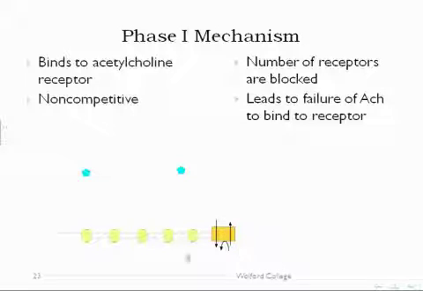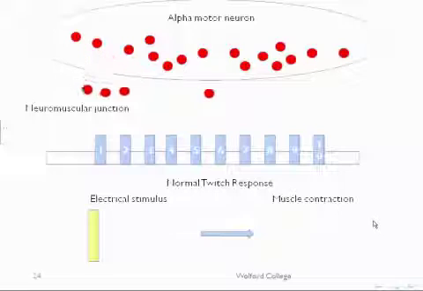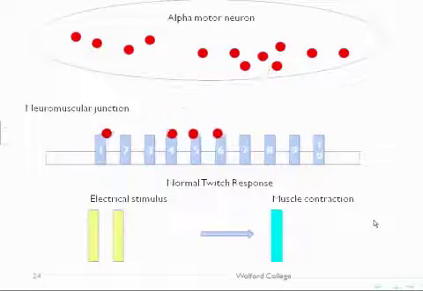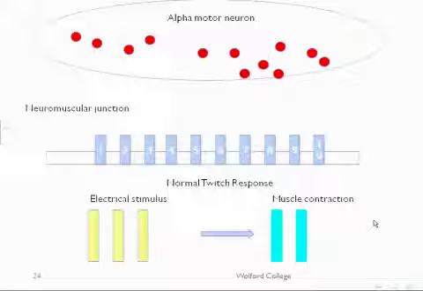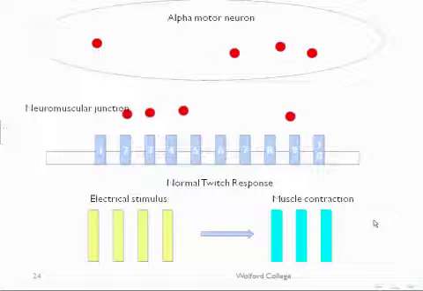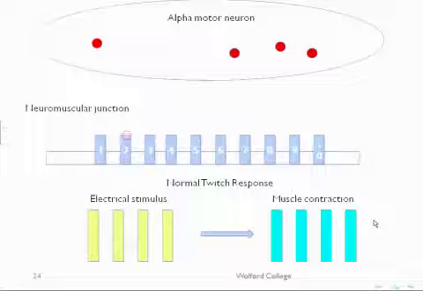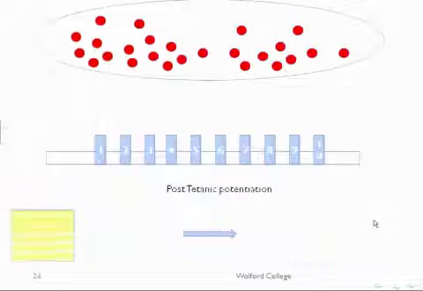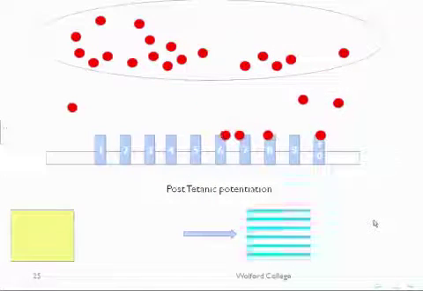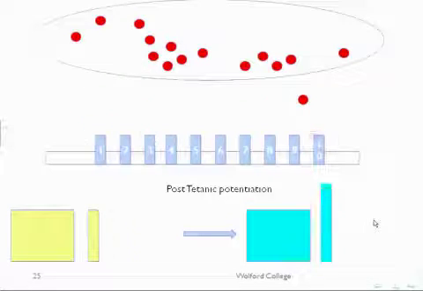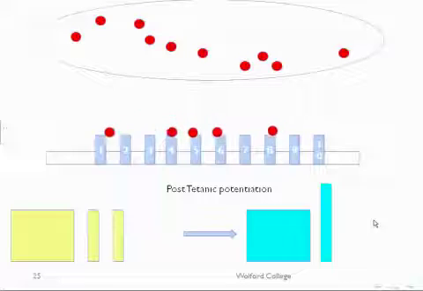In phase 1, you're only going to bind to the postsynaptic receptors. So what you see is when you twitch, the person releases 4 vacuoles every time you twitch, so you get the same muscle height contraction. This is a person who's not muscle relaxed. Now, the same thing happens with post-tetanic, but this time you relieve residual acetylcholine, so the next one is accentuated.